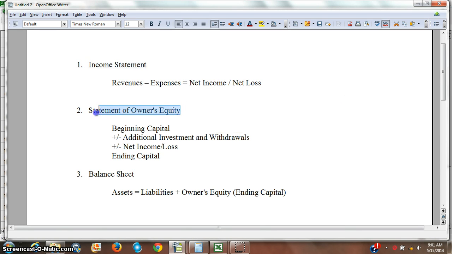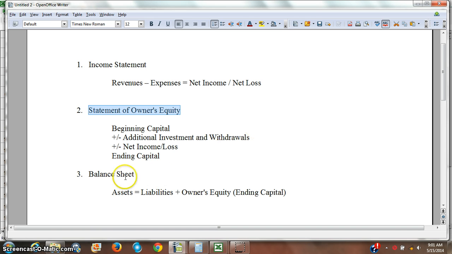And then the statement of owner's equity tells whether the investment in the business is growing or shrinking. Does the investment have more money than it had before, or does it have less? The net income and net loss is certainly a factor in that, but also withdrawals and additional investment are a factor in whether your investment is growing as well.